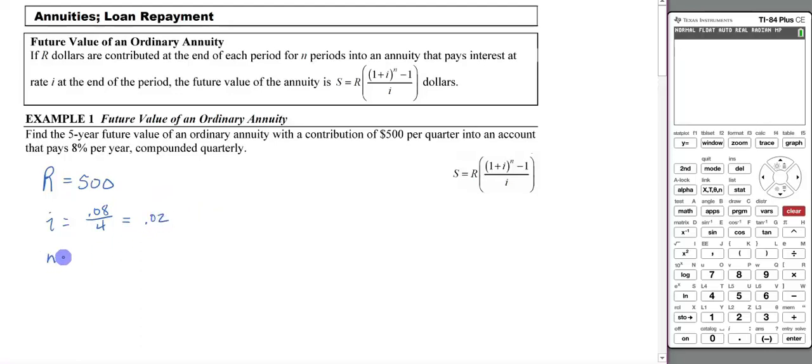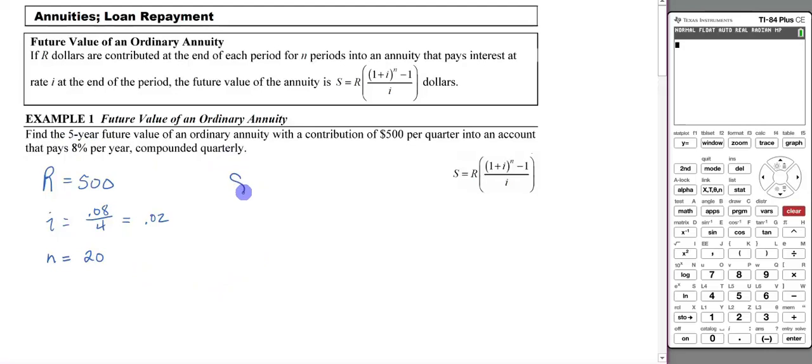And N is the number of times it's compounded. We're compounding quarterly, which means 4 times a year, and we're investing for 5 years, so 4 times 5 is 20 times that it's compounded.